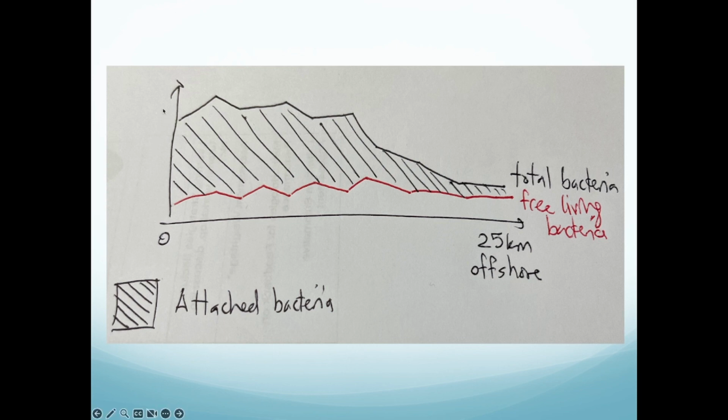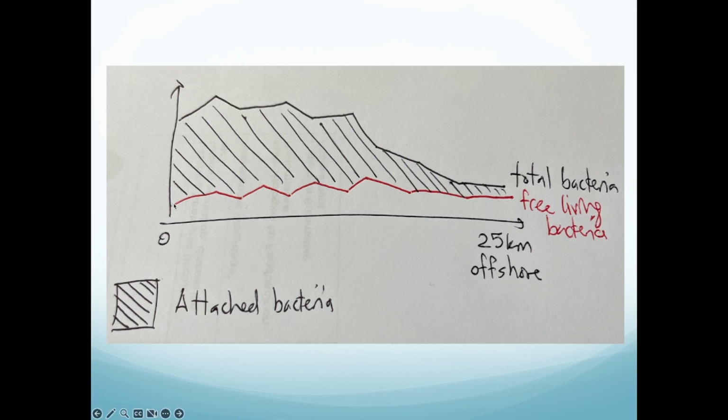The y-axis is the bacterial abundance, and let's just say hypothetically the x-axis shows the distance offshore. The total bacteria count here shows higher counts near shore as opposed to offshore, which is quite logical because near shore has more anthropogenic impact, has more nutrients as opposed to offshore.